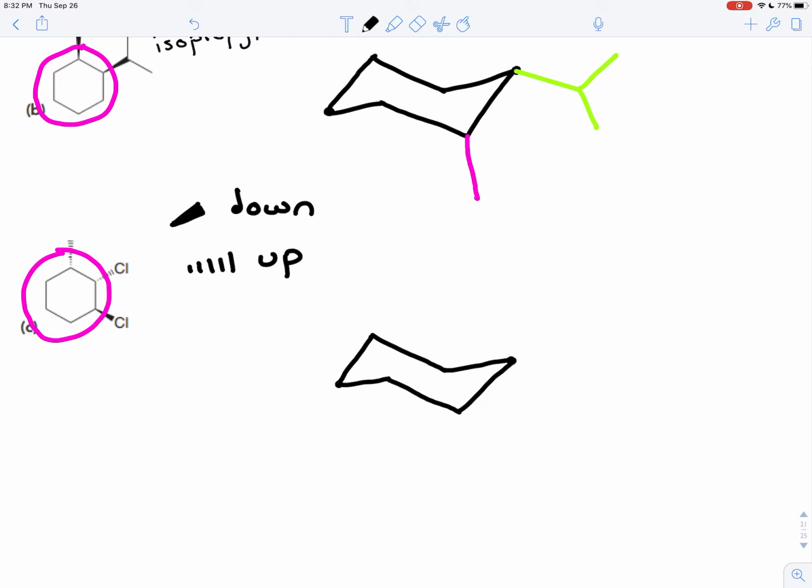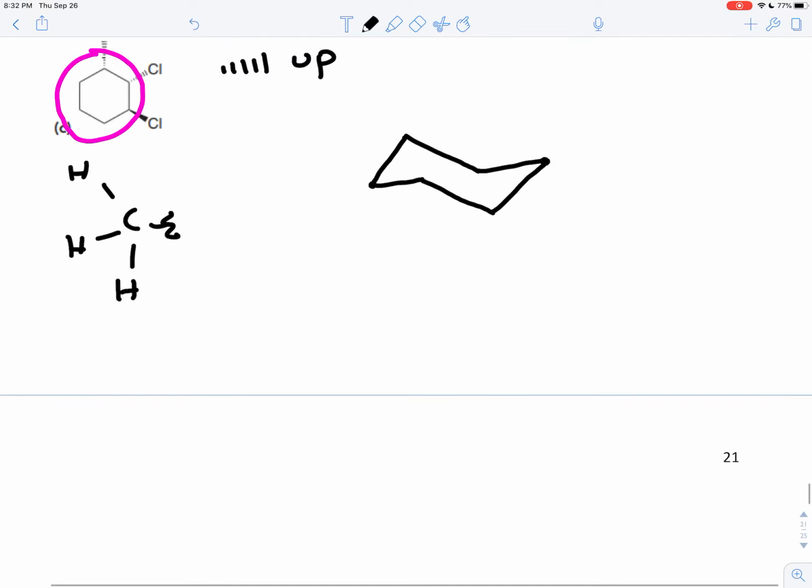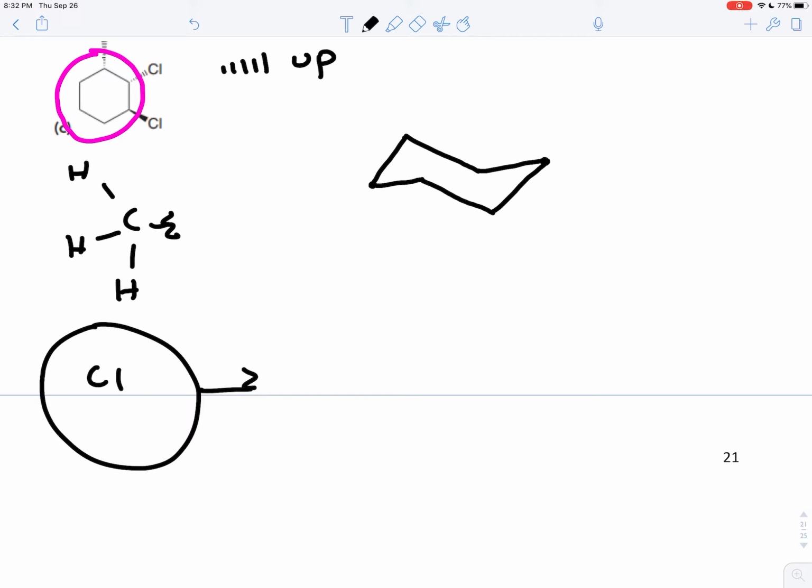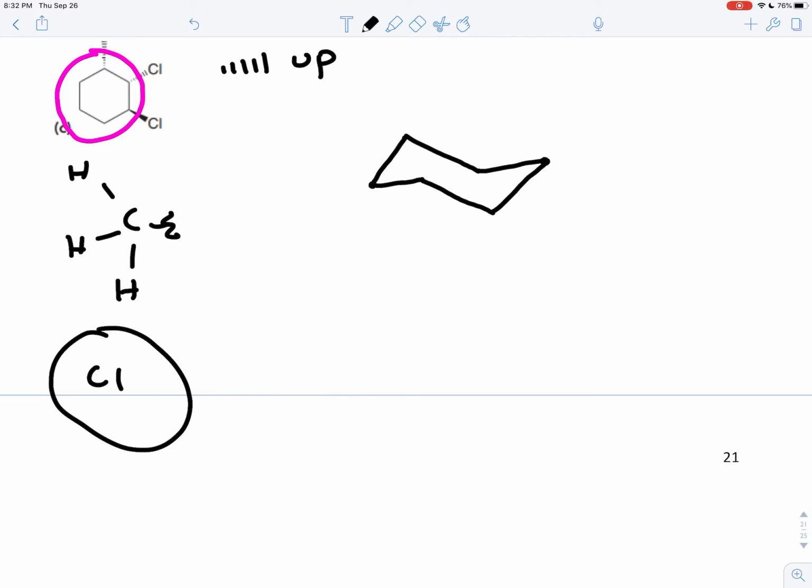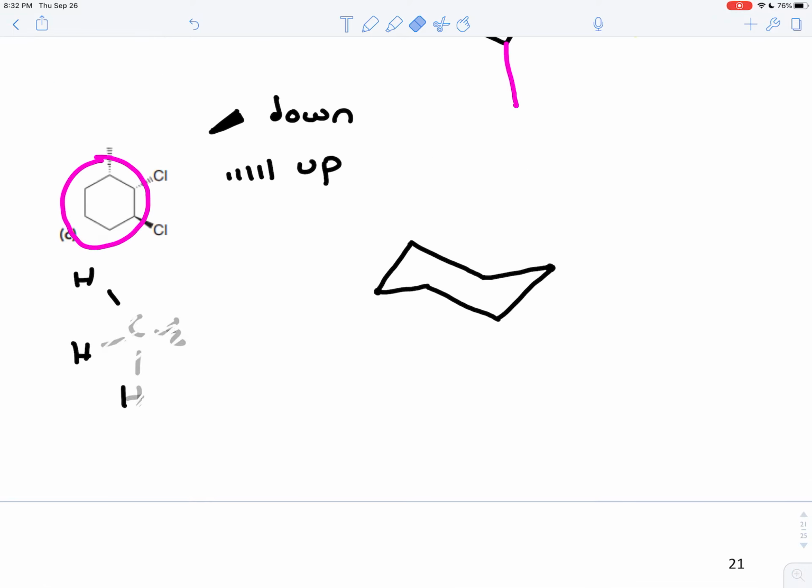All of these are actually around the same size. Chlorine is pretty big. Chlorine is about the same size as a methyl group. So a CH3, if this is a branch, CH3, that's about the same size as a chlorine atom. So they're about the same size. So these two chlorines and the methyl group, it's not about which one is bulkier.